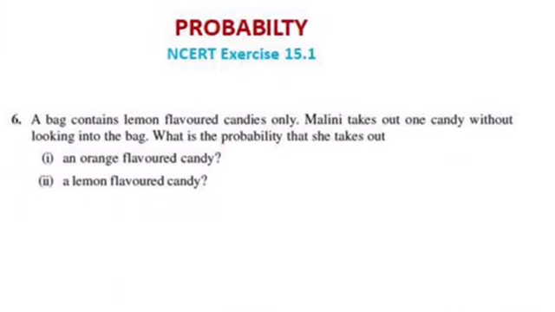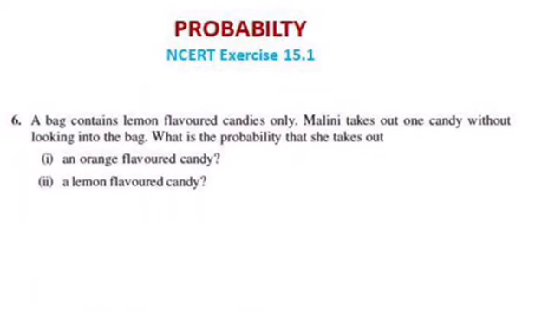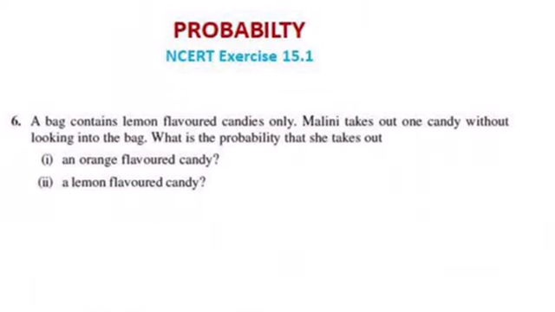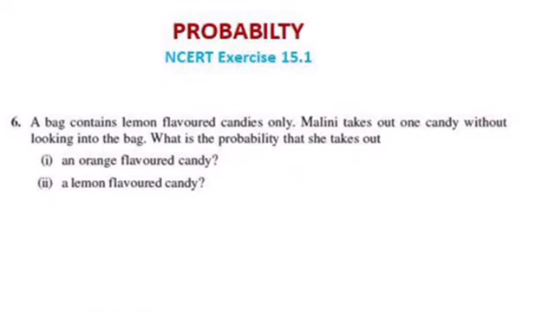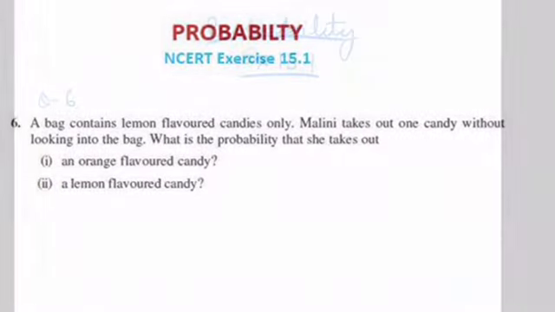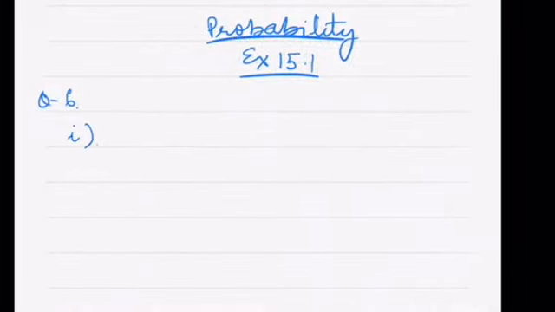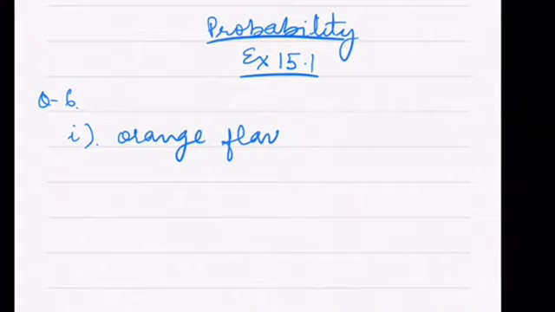Now we are moving to question number 6. A bag contains lemon flavored candies only. Malini takes out one candy without looking into the bag. What is the probability that she takes out an orange flavored candy? There is no orange flavored candy in that bag, right?